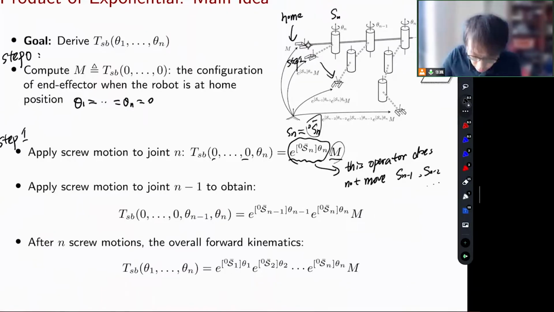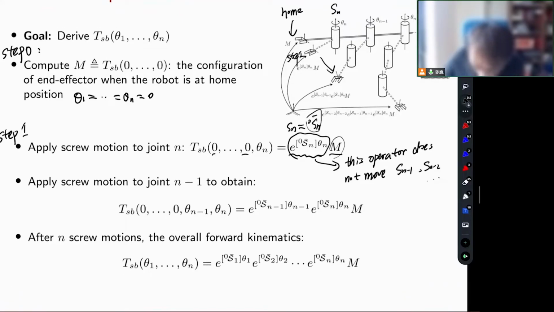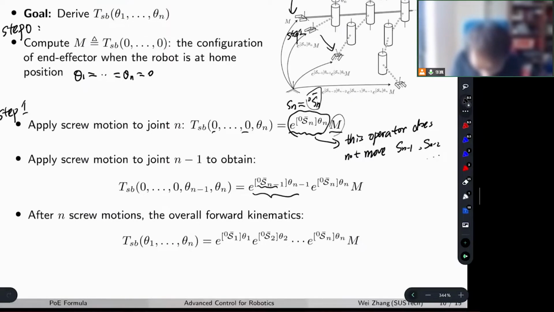You apply only the screw motion to theta n, and only the links after theta n will move. All the bodies or links before that joint will not change, so this is still at the home position. It's still Sn minus 1 bar when everything is 0, you compute it, and you can apply this again. After n screw motions, the overall forward kinematics formula is this formula.